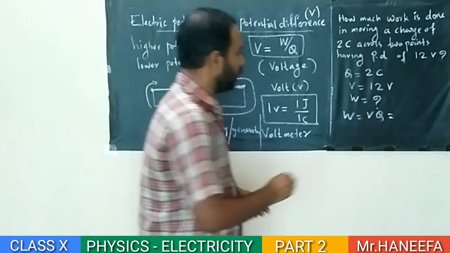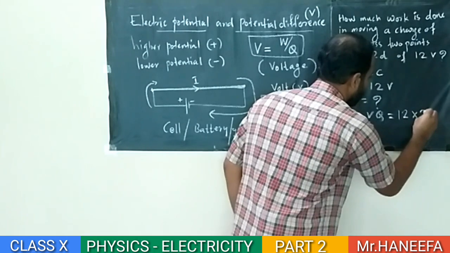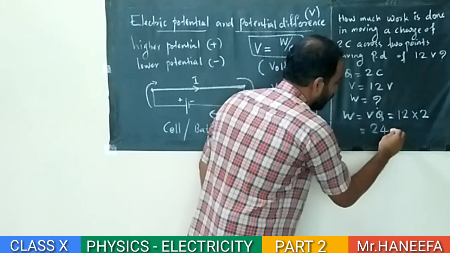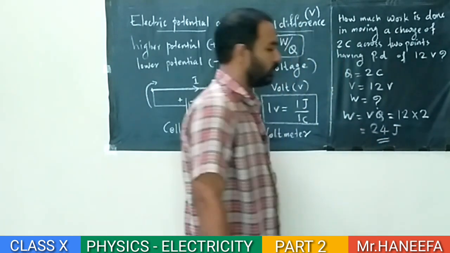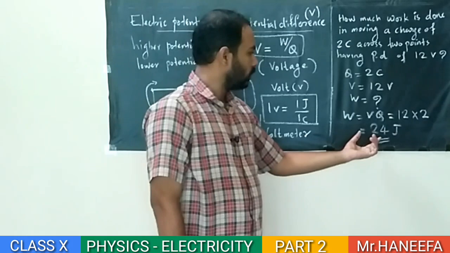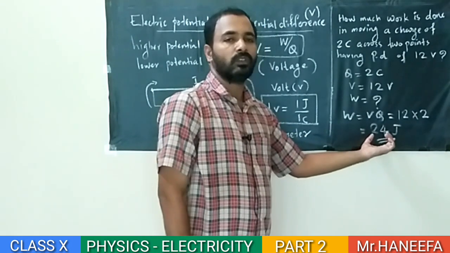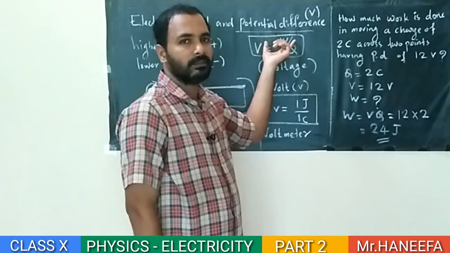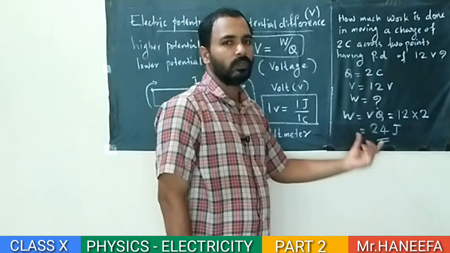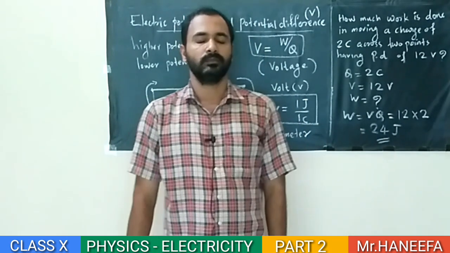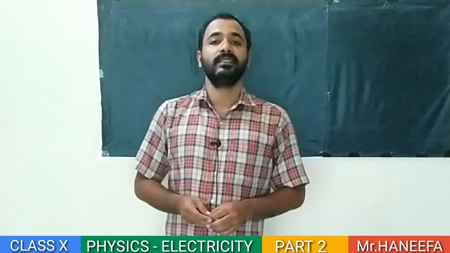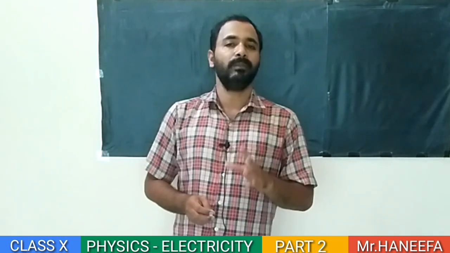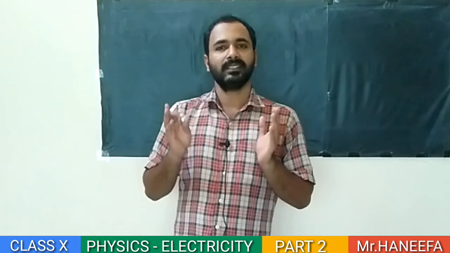What is the value of V? 12 into 2 equal to 24 joule. Unit of work is joule. So W equal to 24 joule. Clear? Next we can discuss the electric components and their symbols to form electric circuits.